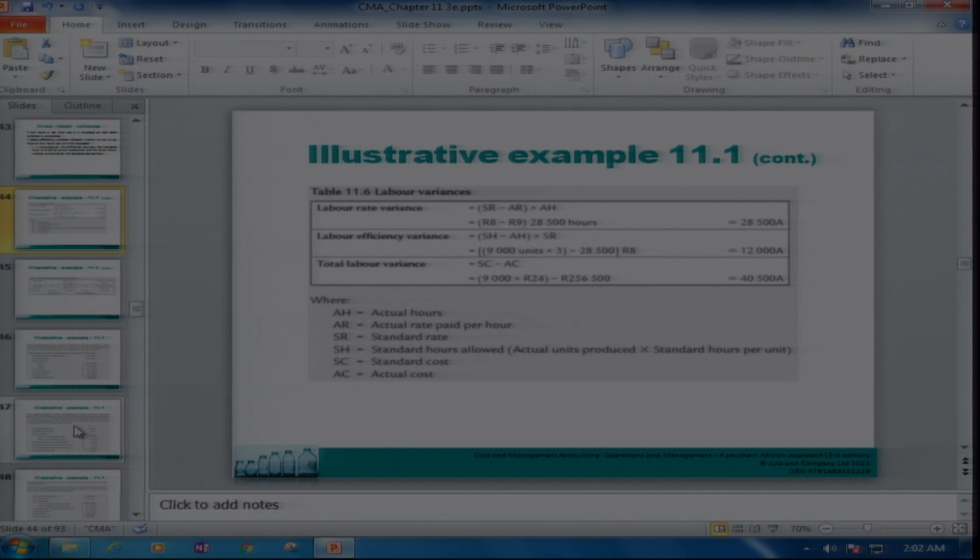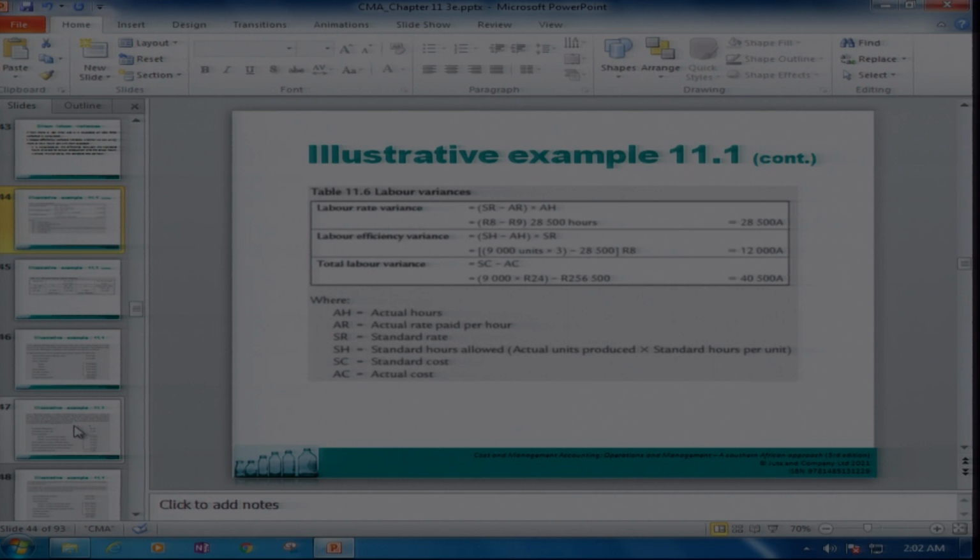The difference will give us 40,500, which is unfavorable. Why is it unfavorable? Again, we budgeted 216,000, we've spent 256,500, which is more than what we had budgeted for. Because of this, it means we can run out of money.